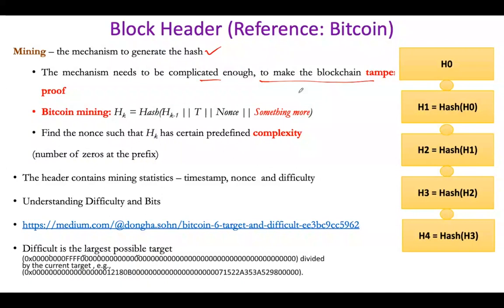So this mining is a resource intensive process by which new blocks are added to the blockchain. Blocks contain transactions that are validated via the mining process by mining nodes and are added to the blockchain.